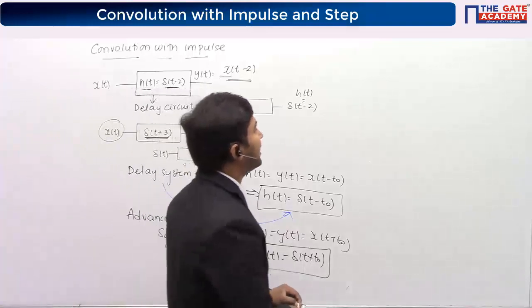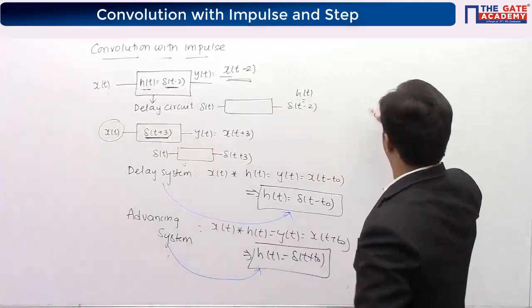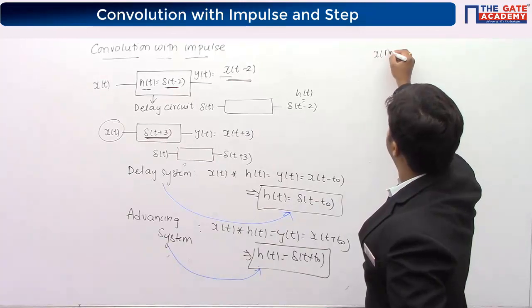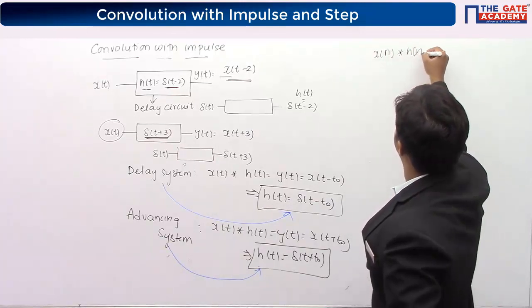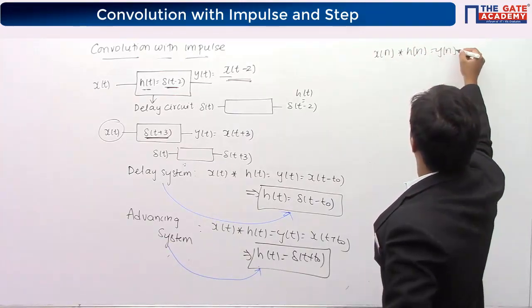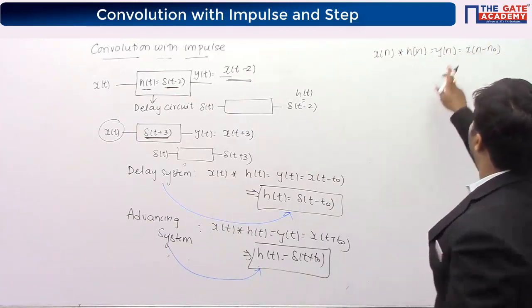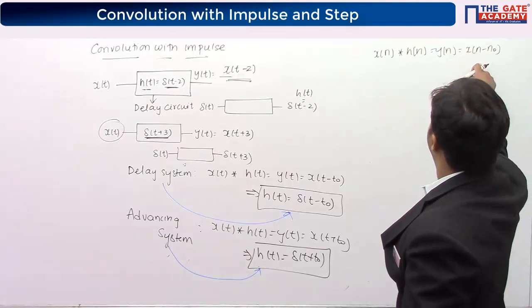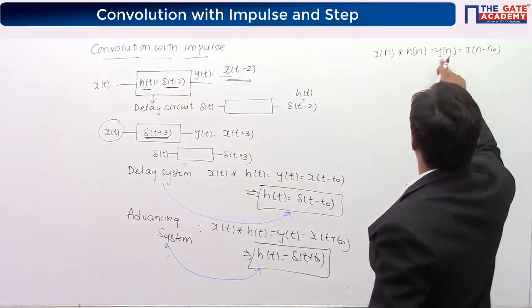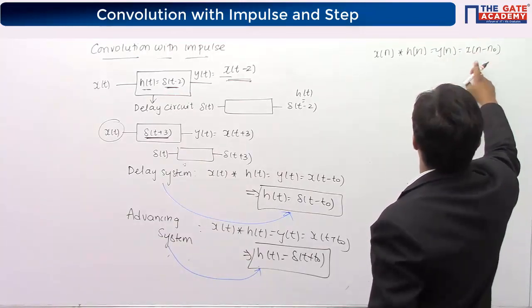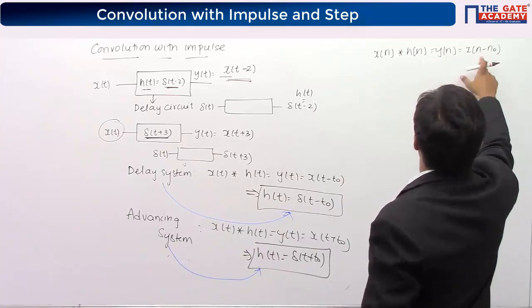So I can confidently write that if x of n convolved with h of n is y of n, and the output is nothing but x of n minus n naught, then I can see that the output is nothing but the delayed input.